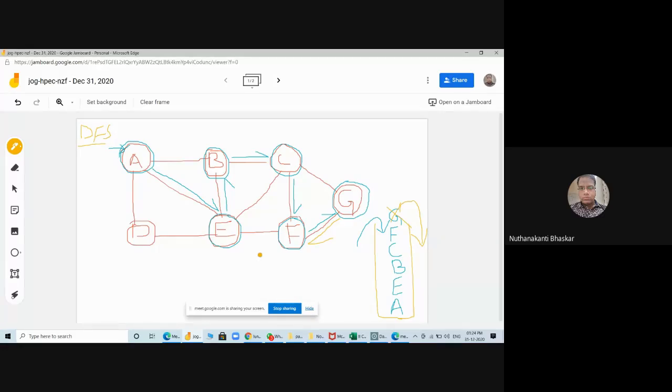No, sir. If it is no, what should we do? Pop. Means backtrack. Pop the top of the stack and backtrack, means it moves to C. After popping, C is there, then you move to C. That is the backtrack. Clear?